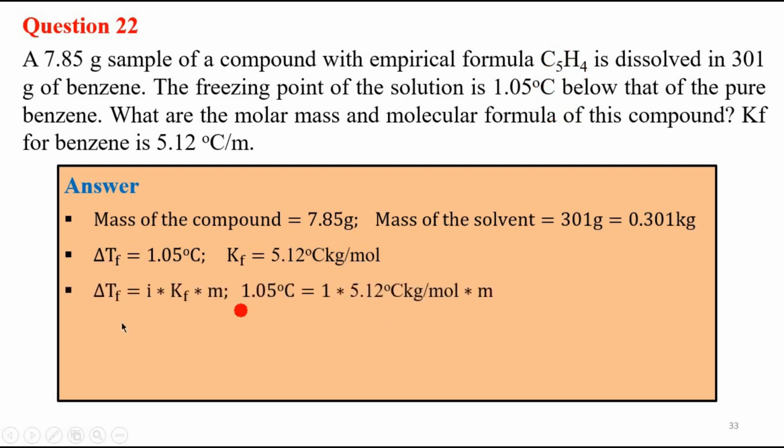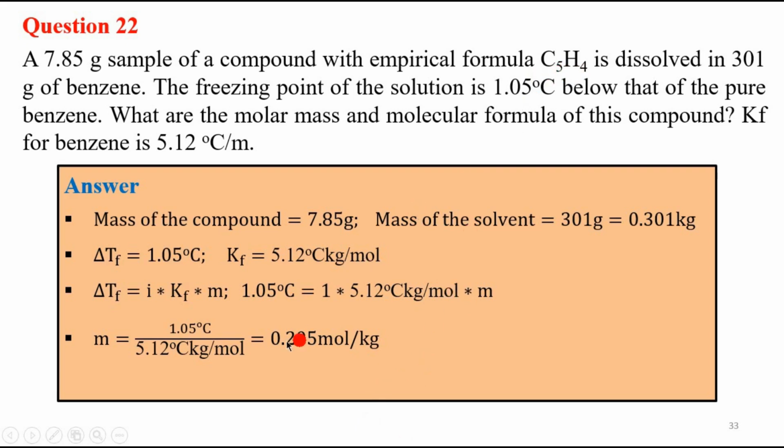So we can use the formula delta Tf = i Kf m, where m is the molarity. We have the Kf and the delta Tf, so we can determine i times m, or the molarity, because i is equal to 1 as it is an organic molecule.